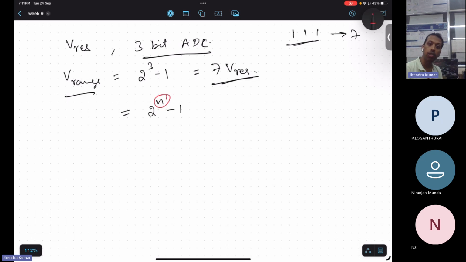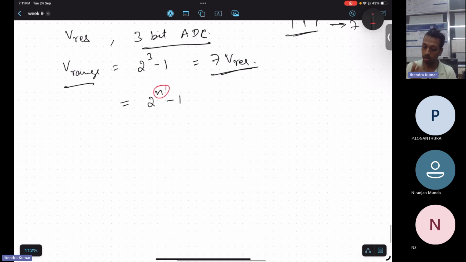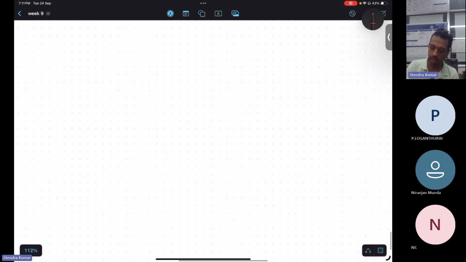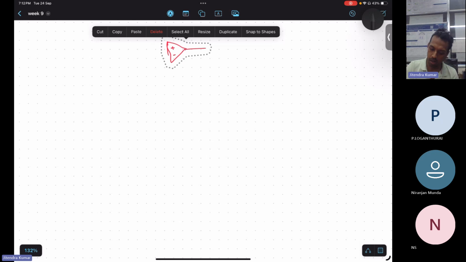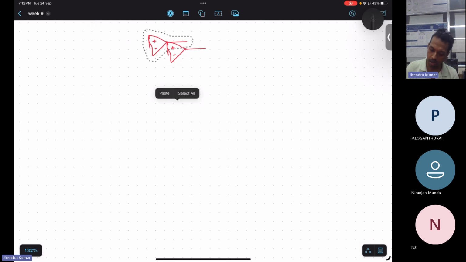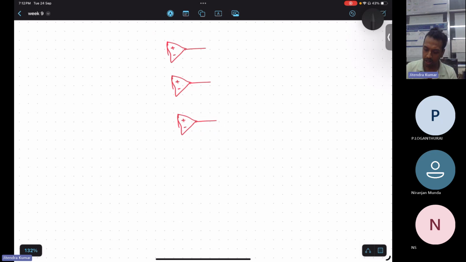So you have to increase the number of bits, and to increase the number of bits, you have to increase the number of comparators. How? That we will see. Since we have 7 resolution steps, we are going to use 7 comparators. The reason you will get to know at the end. Plus minus, like that they will be connected.